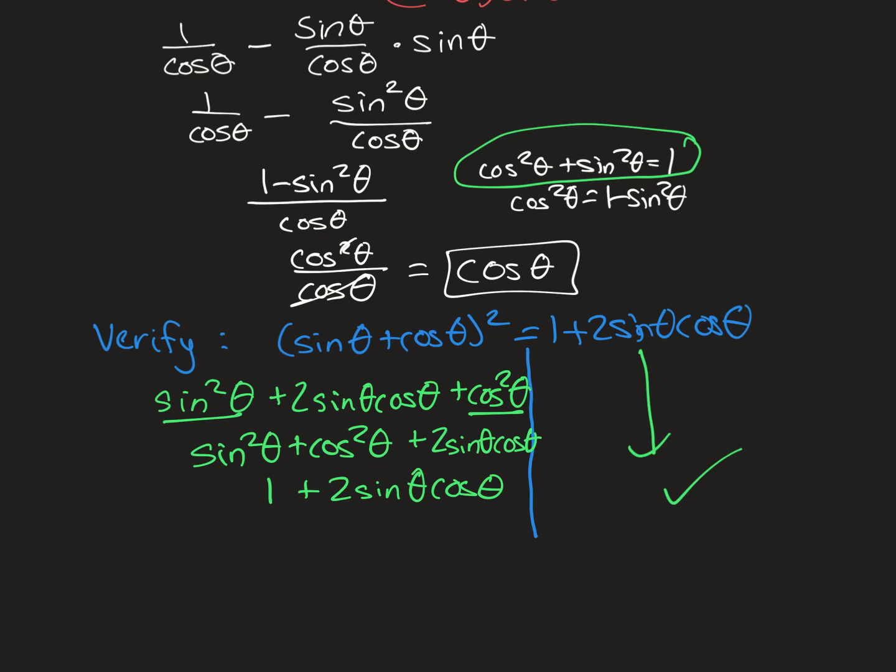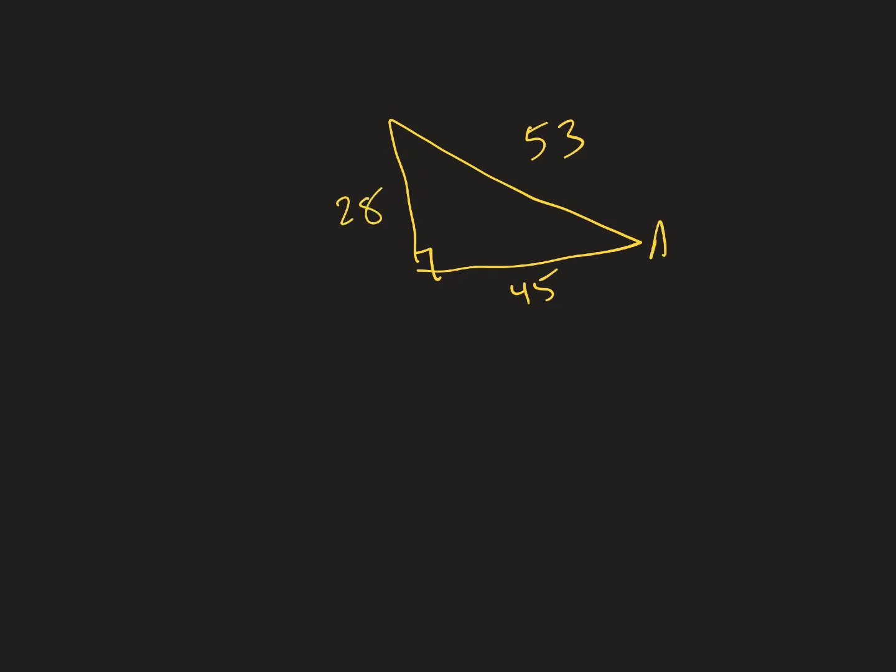The last type of identity that we touched on was in 5.3, and that was after we solved a triangle. Let me make a new page here. So after we solved a triangle, let me just do a simple one here, maybe the one that we did in class. We saw a bunch of things.